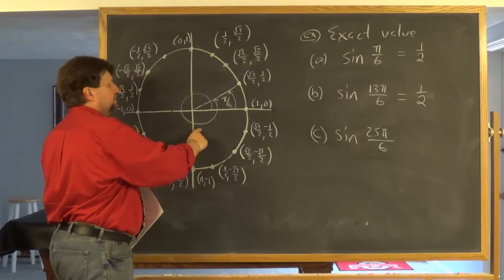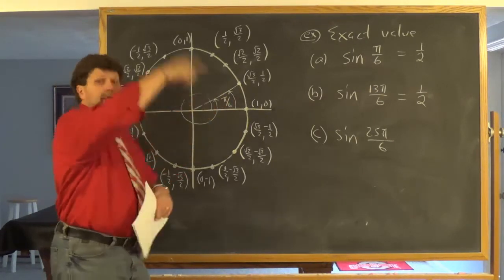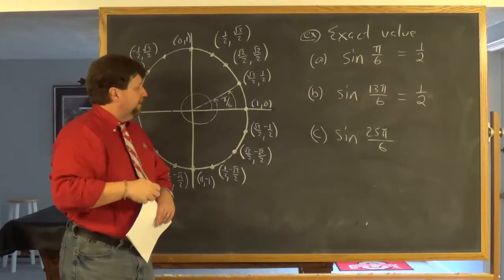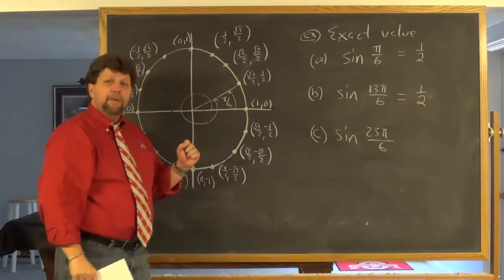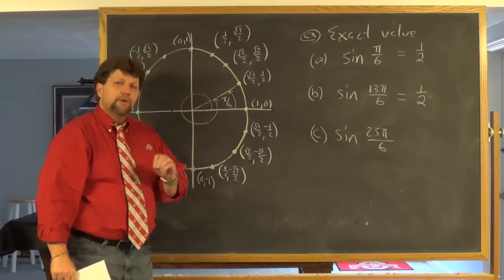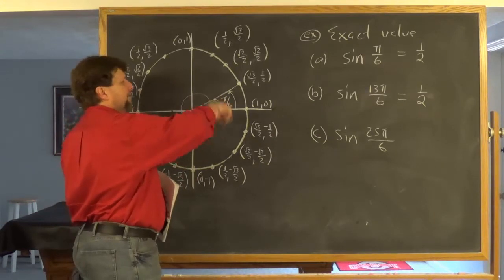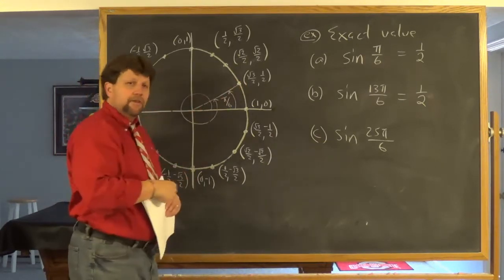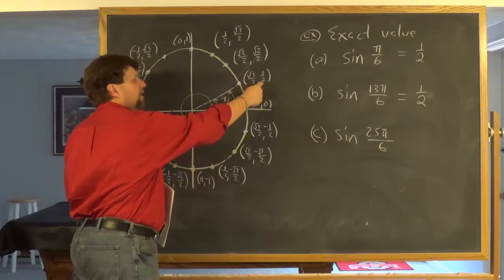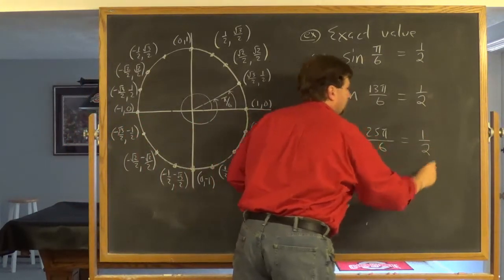All the way around 2 pi, there's 13 pi over 6, and I would go around a couple of times, maybe get a little dizzy, but that would be 25 pi over 6. So where the angle 25 pi over 6 intersects the unit circle, it's the same y-coordinate. It's still 1/2.